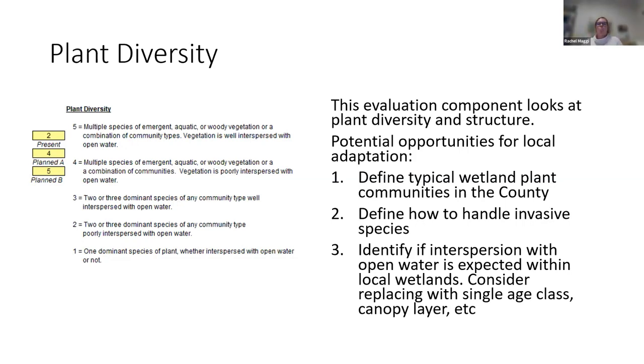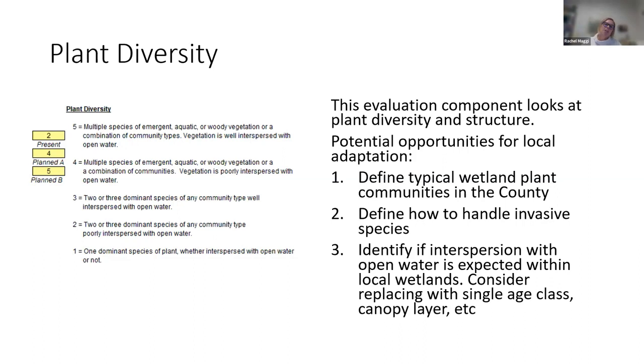So you would get some open water interspersion on a very seasonal basis. But again, this tool is built to assess all types of wetlands across the entire state. All right. Instead of interspersion, maybe you consider adding other terminology or other assessment terms that help get to the question of what is the composition and structure like within your wetland.